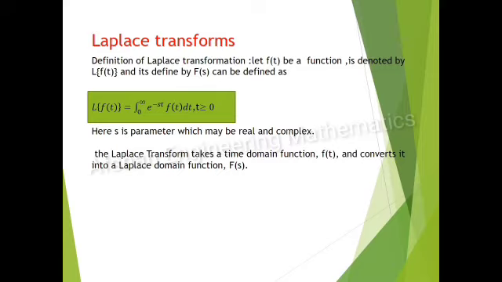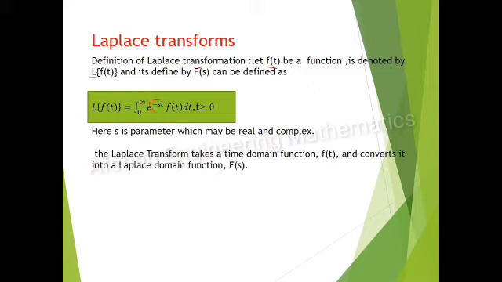So let's start with the definition part. Let f of t be a function. The Laplace transform, denoted by L, the Laplace operator, of f of t is defined by capital F of s, or we can write F dash s, as L of f of t equals integral from 0 to infinity of e to the power minus st f of t dt, where t is always greater than or equal to 0.